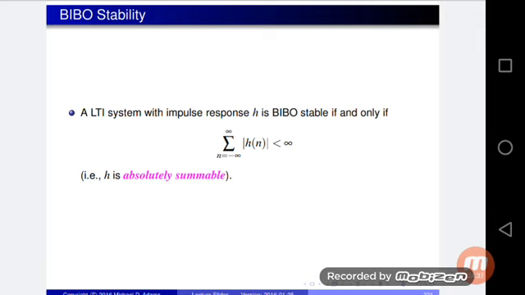Hence h is absolutely summable. So it is the equation of stability.